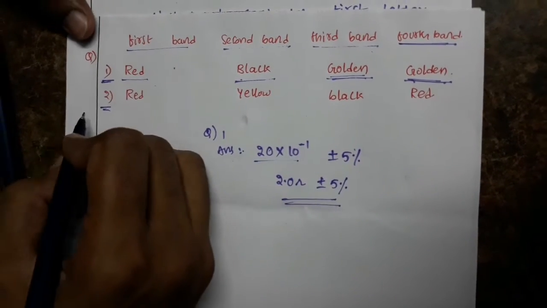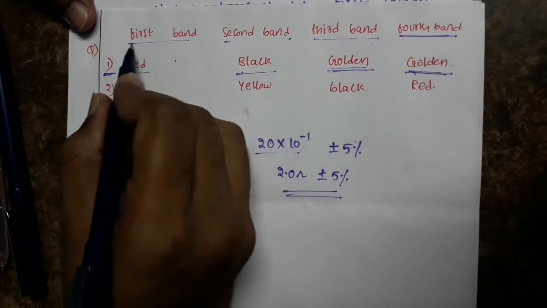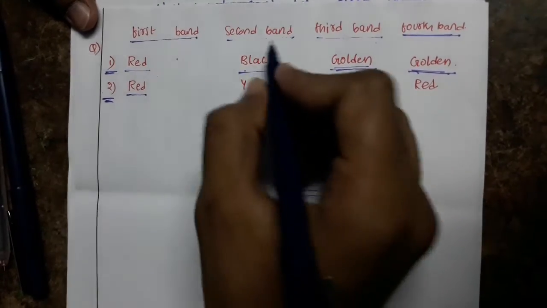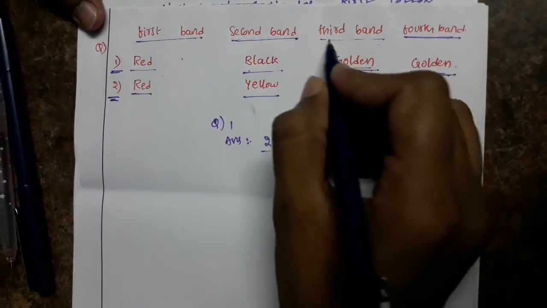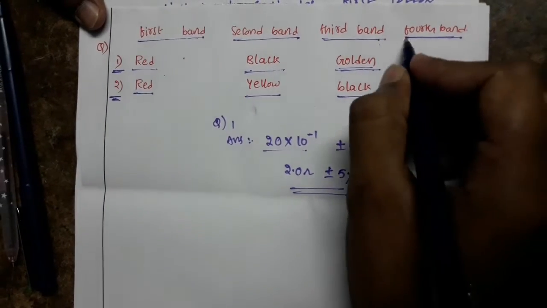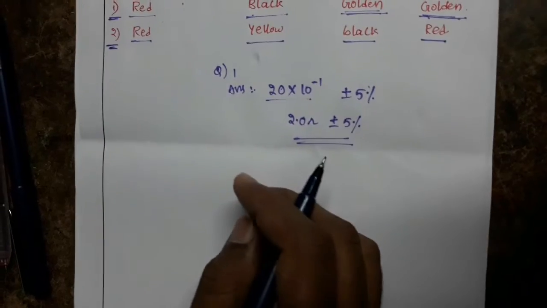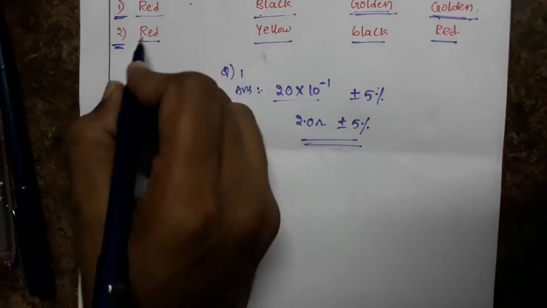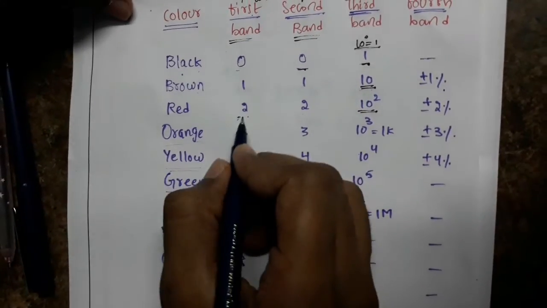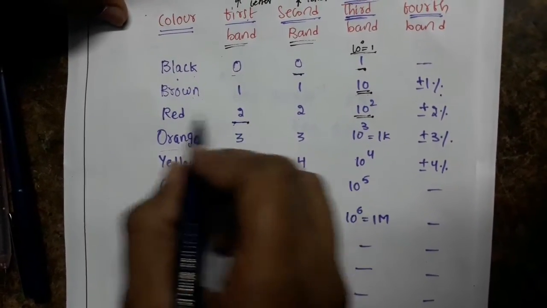Coming to the second question, the first band is red, the second band is yellow, the third band is black, and the fourth band is red. For the first band, red has a value of 2.